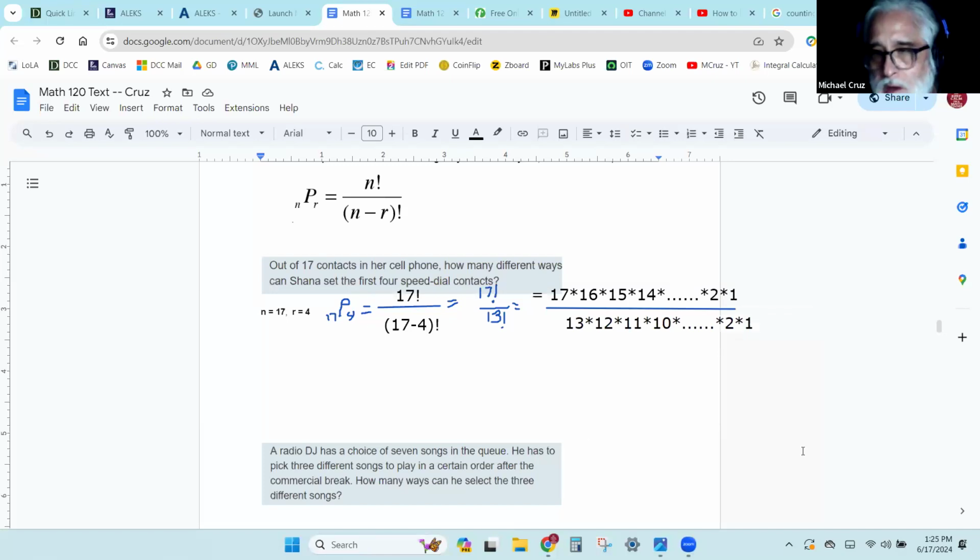Now, these are fractions, and if we have common factors from top to bottom in a fraction, we can easily just take those out. In other words, there would be a 13 factorial right here in the top, so all of these back here would be gone, and down here it's simply a 1.